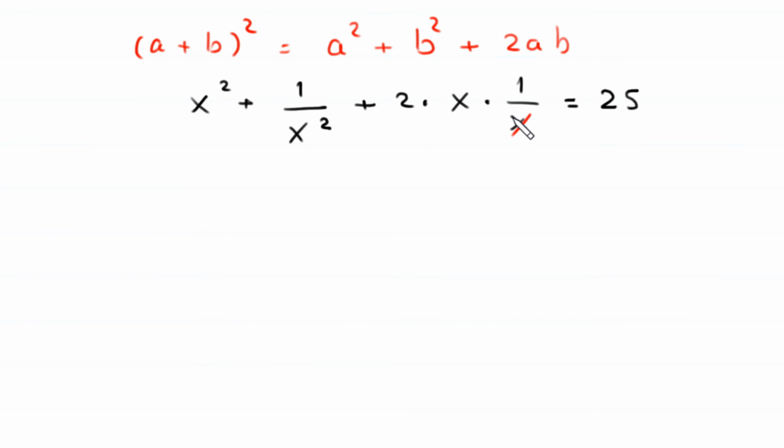Now this x will be cancelled out with this x. We are left with x squared plus 1 over x squared plus 2 equal to 25.